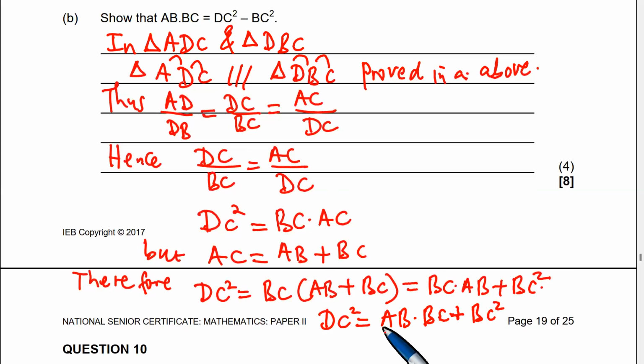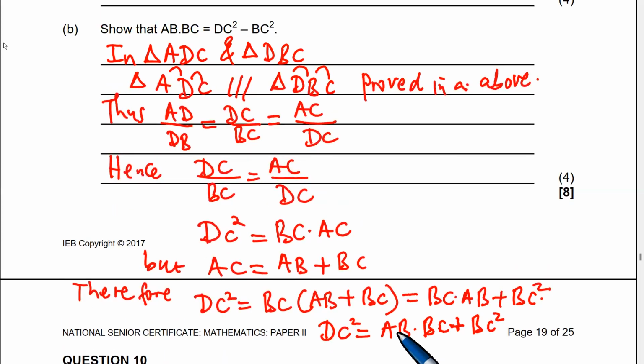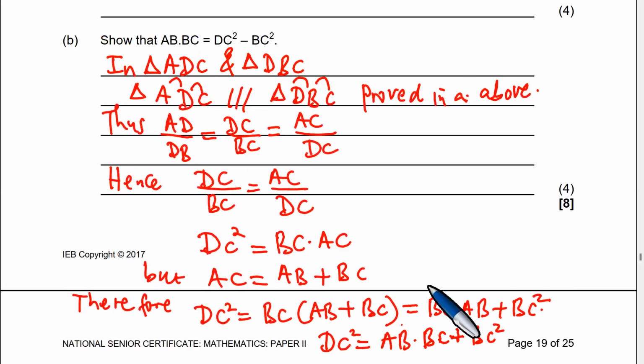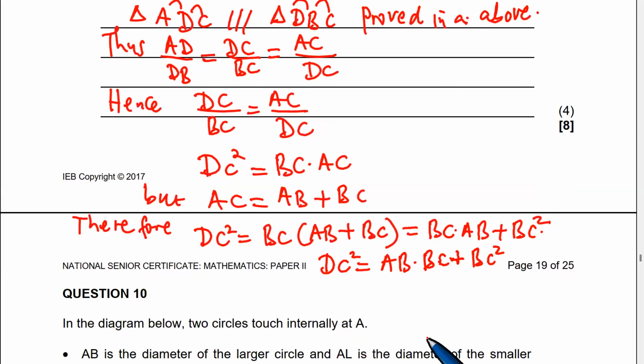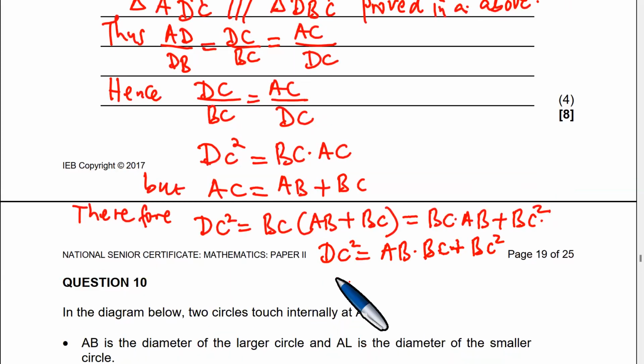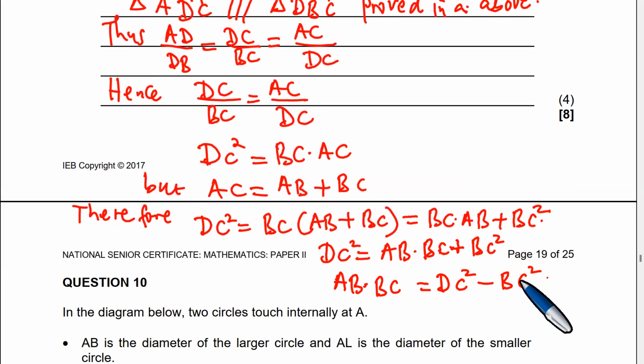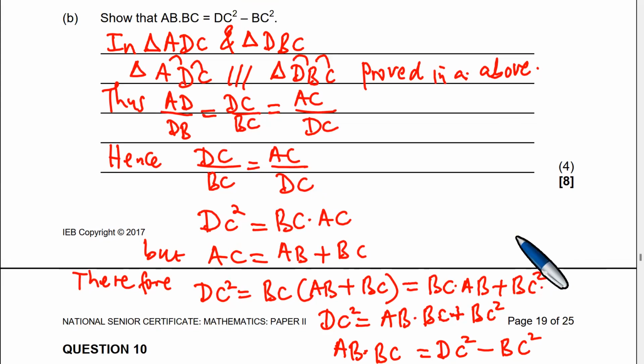If we transpose terms around, we start by writing AB times BC, and this is equal to DC squared minus BC squared. So AB times BC is equal to DC squared minus BC squared. There it is.